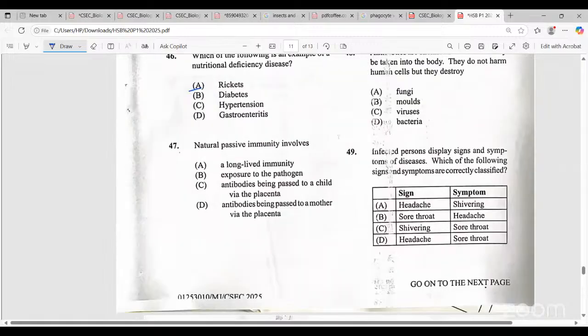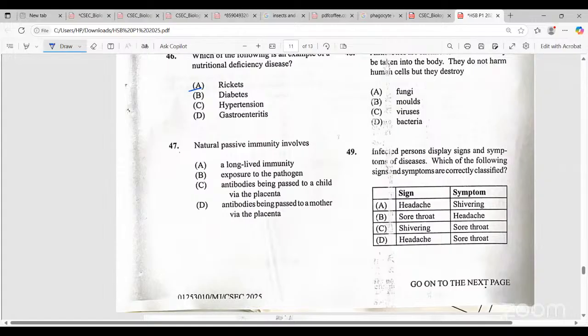Natural passive immunity, and so the one where the lady was feeding her baby, breastfeeding her baby, so that one would be D. Yes, let's look at that. D. Yes. So 47 should be D. So antibodies being passed to a child.